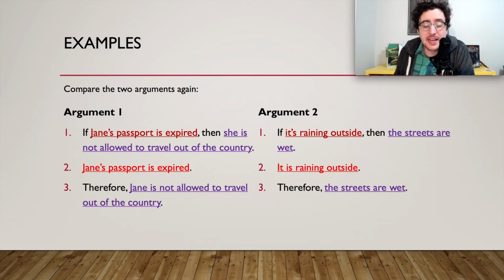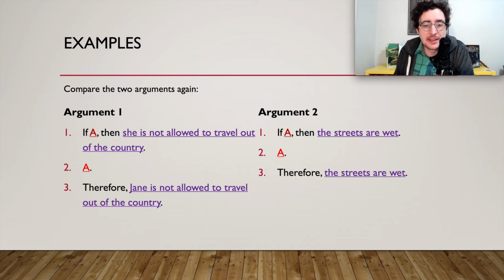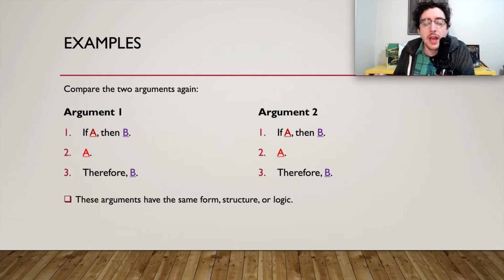And then in the second premise, it says the first thing is true, the if part is true, and then it says the consequent is true in the conclusion. Replacing all the red parts with A, we get this. Replacing all the purple parts in each argument with B, we get this. And so these arguments have the same form or structure or logic. That's what's similar between the arguments.